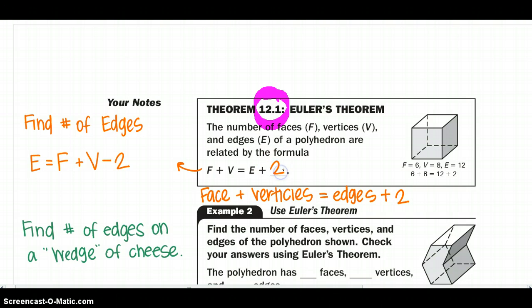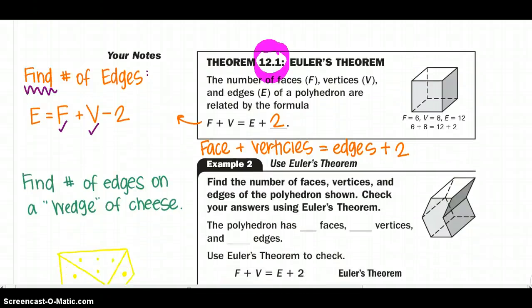So that will be a consistent thing. And I have written on the side over here, if we want to find the number of edges and we know the value of faces and vertices, just subtract 2 from those two added together and you'll get your number of edges. So we're going to use that down here.